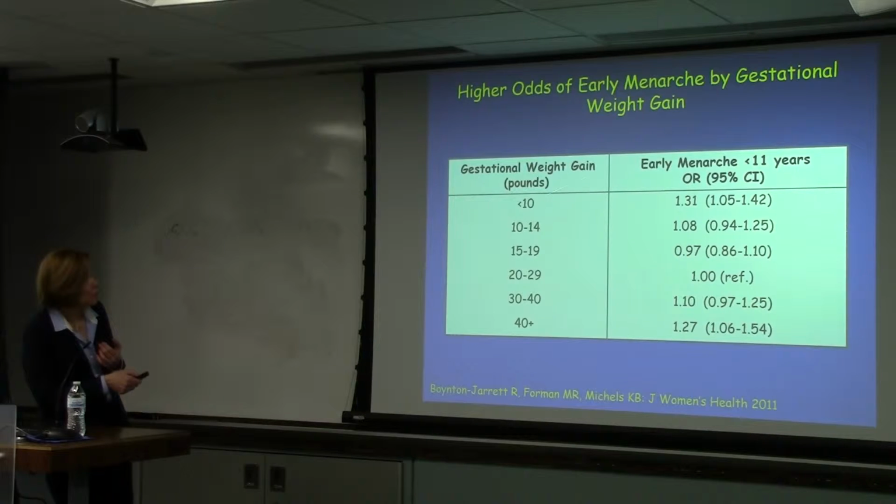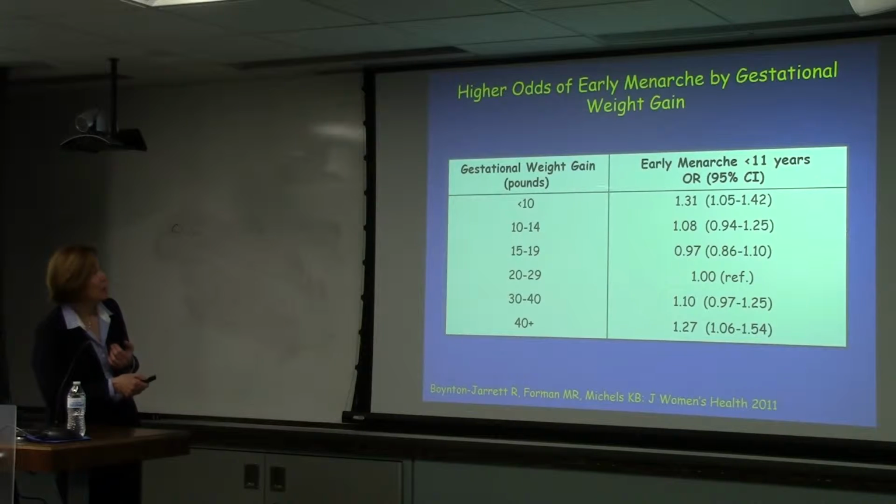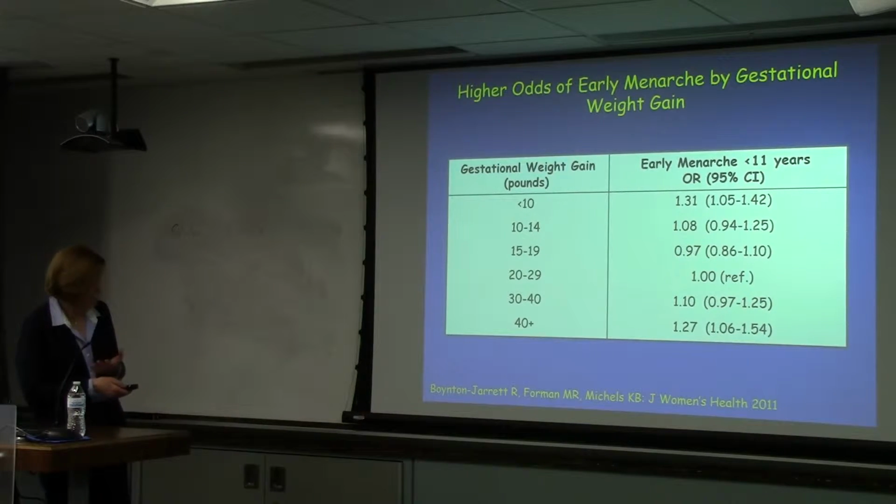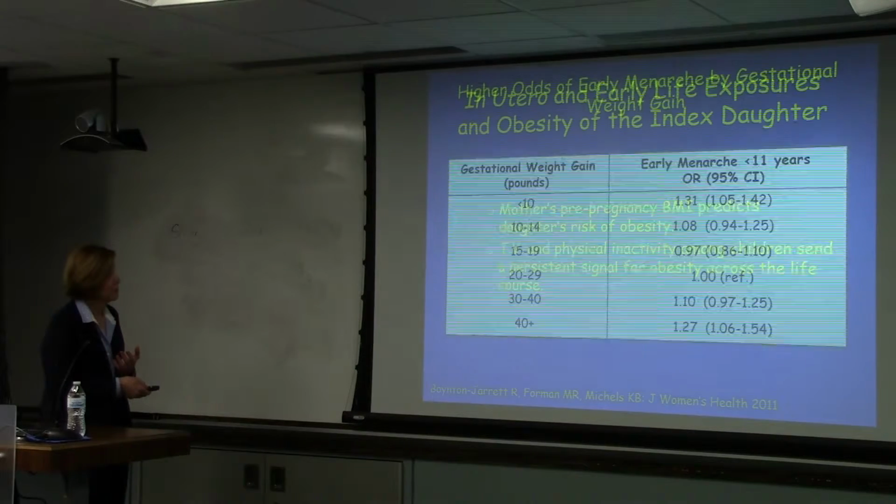And what we see is the odds of early menarche, meaning menarche before 11 years of age, and we see about a 31% increased odds for those who gain less than 10 pounds, and about a 27% increased odds of early menarche if they gain more than 40 pounds. Again, these data are adjusted for a multitude of factors.